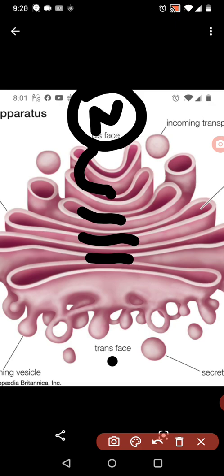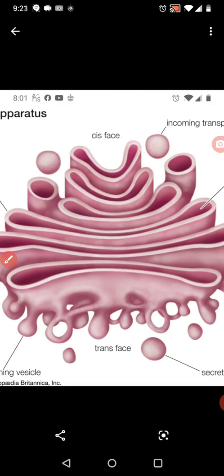In the Golgi apparatus, it is modified and packaged properly, and then it moves to the trans phase, and wherever the cell needs this protein, or if it has any intracellular target, it is transferred to that particular area. So this is the main function of the Golgi apparatus: that it stores, modifies and packages the products.